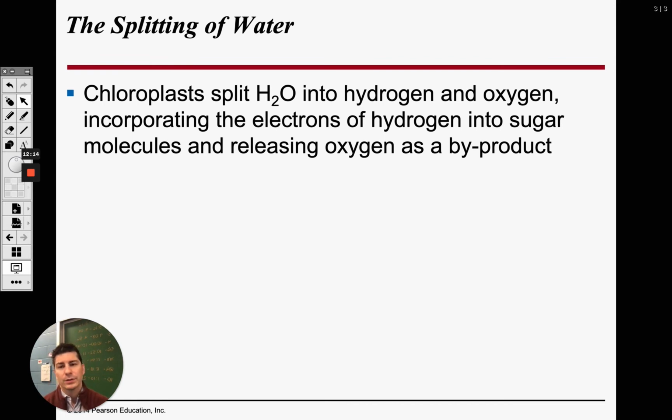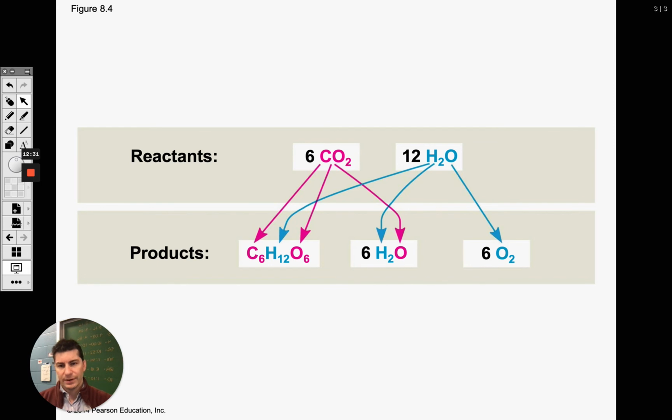But it's all going to begin with the chloroplasts. And the chloroplasts are going to take in sunlight, and along with this, they're going to split water. So it's pretty much like a hydrolysis reaction. We're going to take the water, we're going to split it, so we have hydrogens and oxygens. Here's where everything goes. There's our reactants, there's our products for everything.